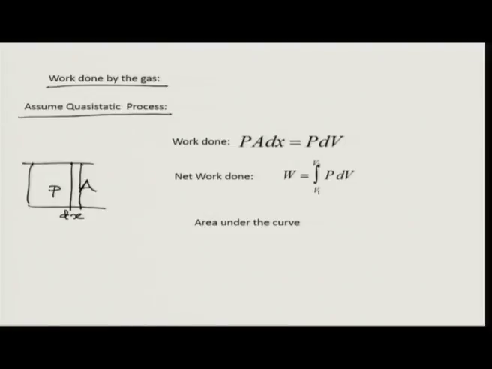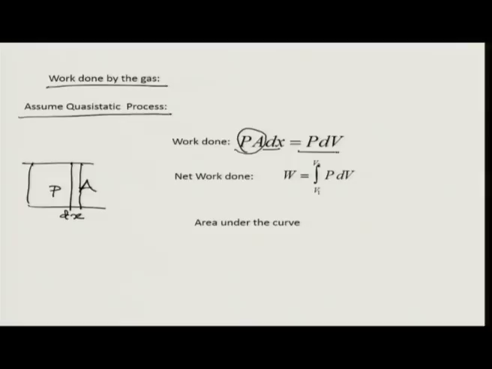I am just looking at the magnitude of the work done. So, work done should be force, which is pressure times area, which is dimensionally consistent, and dx is the displacement of the wall of the container. Let us say, for simplicity, we are taking a rectangular wall. So, it is displaced by an amount dx. This is the work done, which I can write as PdV.